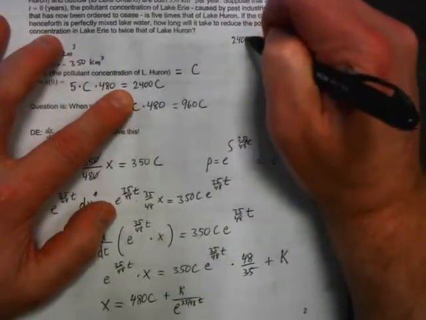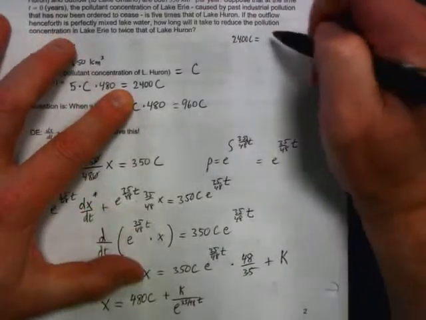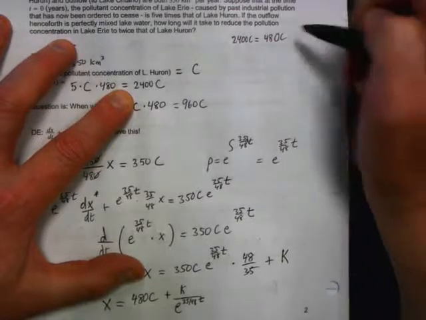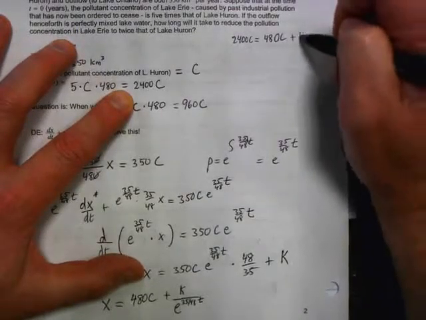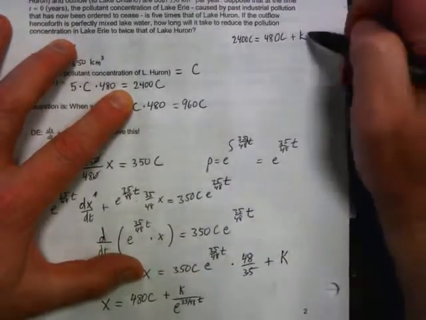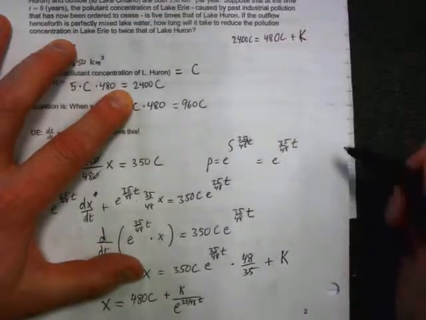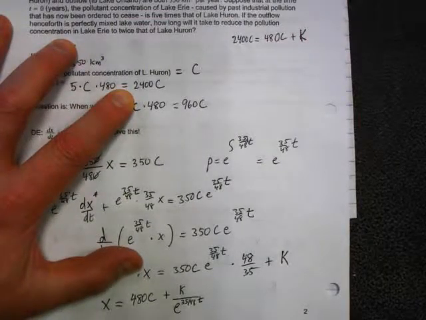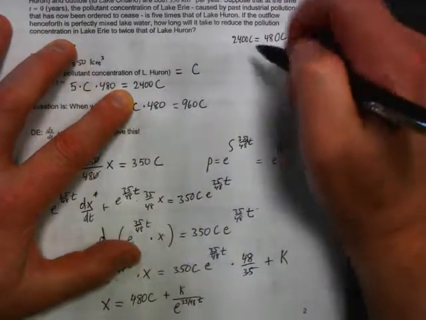2400c equals 480c plus k, because when I plug in 0 there, I get 1 on bottom. 2400 minus 480. k is 1920.